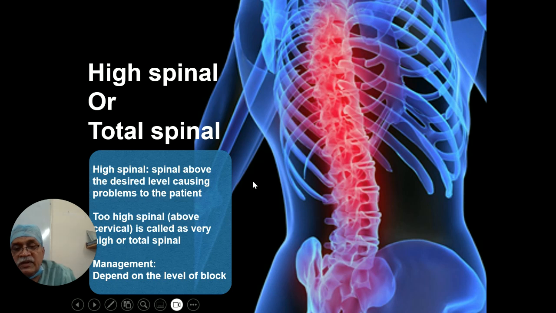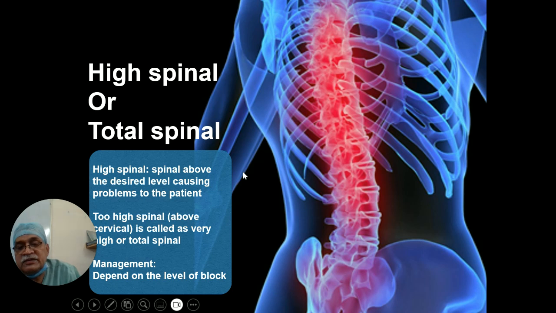Total spinal or high spinal can occur when there are curvature abnormalities, in pregnant patients, when you are giving a slightly larger dose, and when you are not taking care about the spine's stable position before giving the spinal anesthesia.